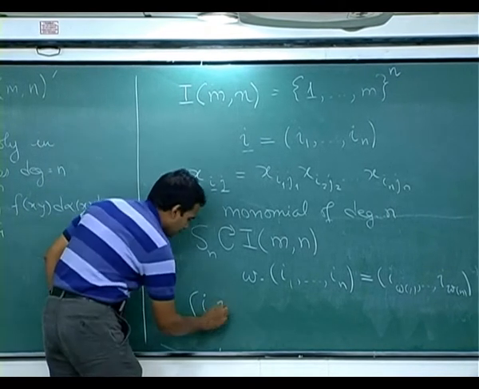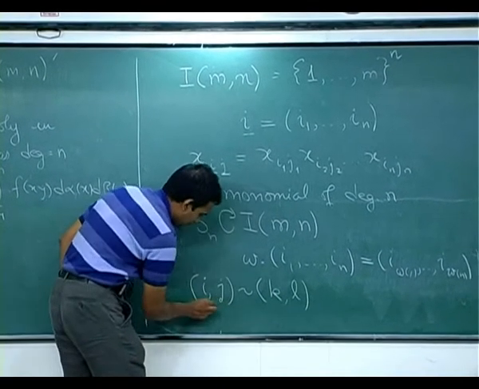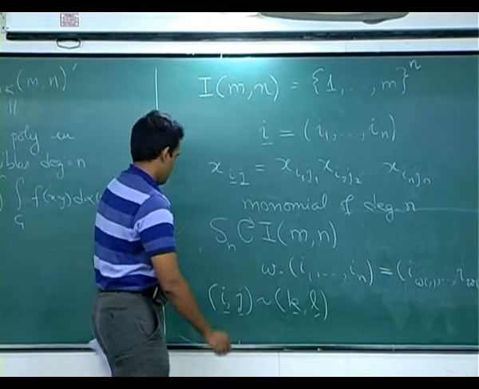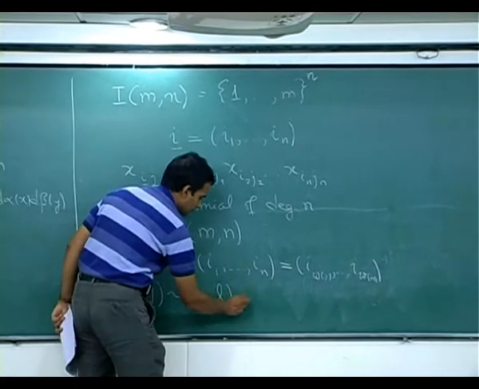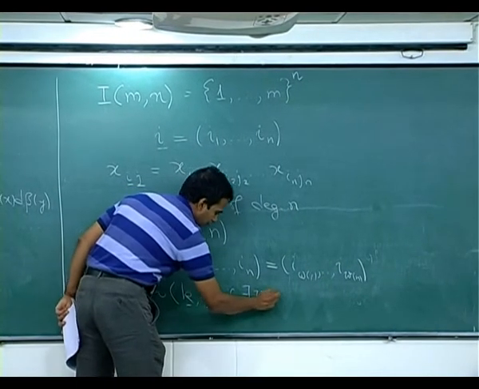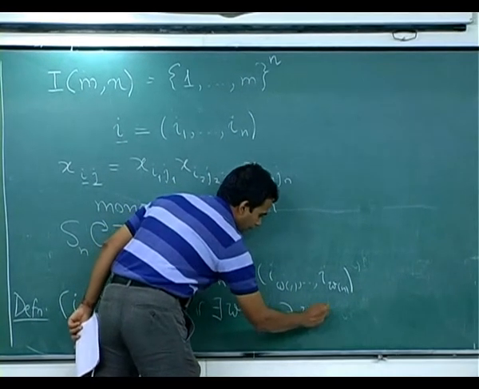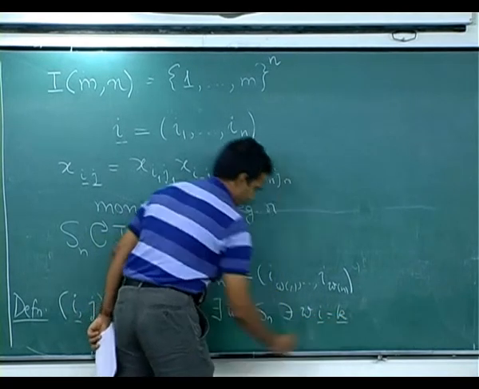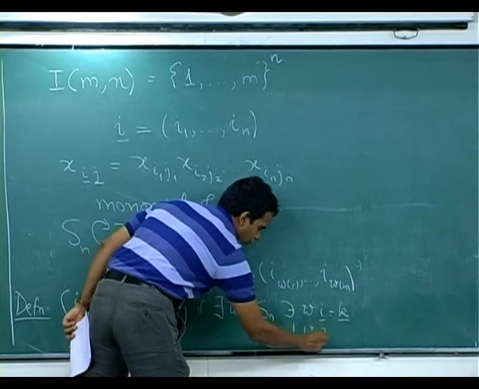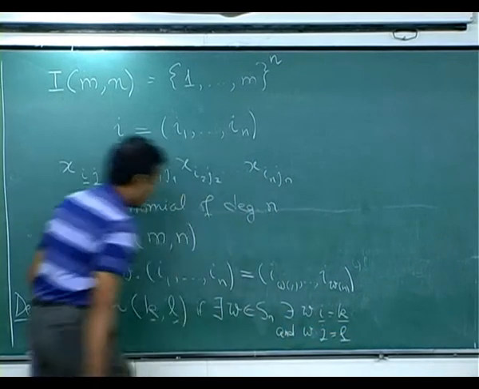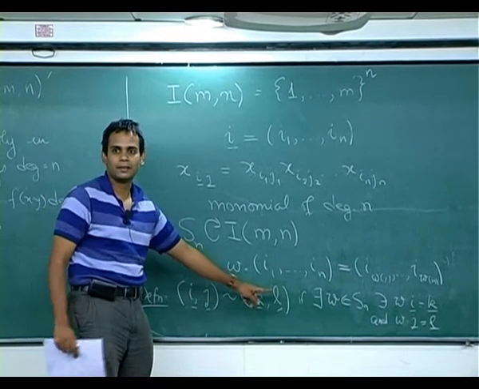So, I will say that two pairs of multi-indices are equivalent, these are all multi-indices, if there exists W in Sn such that W dot I is equal to k and W dot j is equal to L. That means you can find a permutation that takes I to k and the same permutation takes j to L.